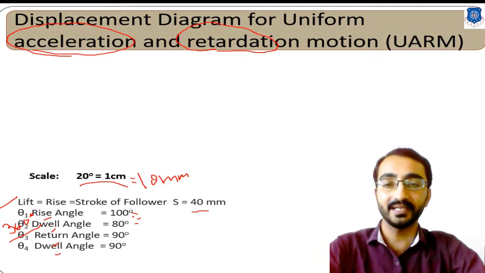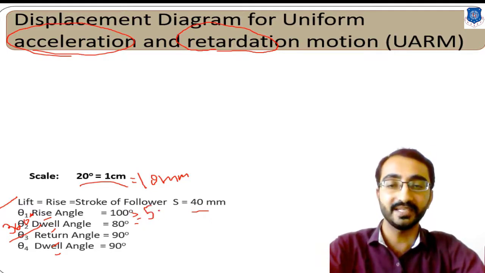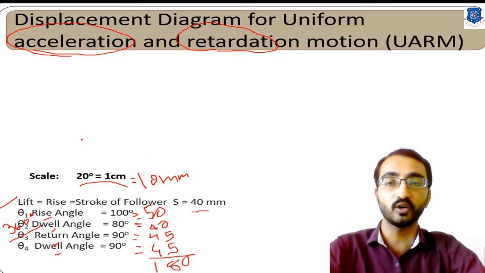So 100 degrees will be represented by 50 mm, 80 degrees by 40 mm, and 90 degrees by 45 mm. In this way, a total of 180 mm needs to be plotted on the horizontal line.